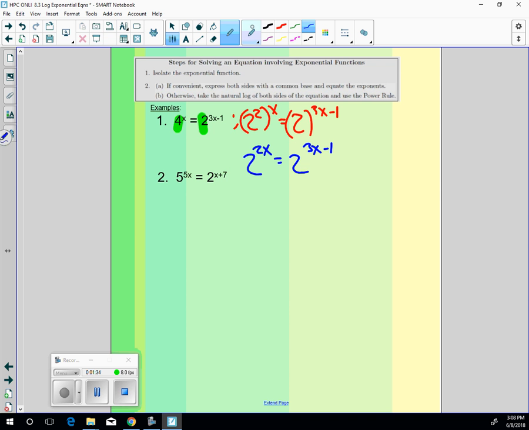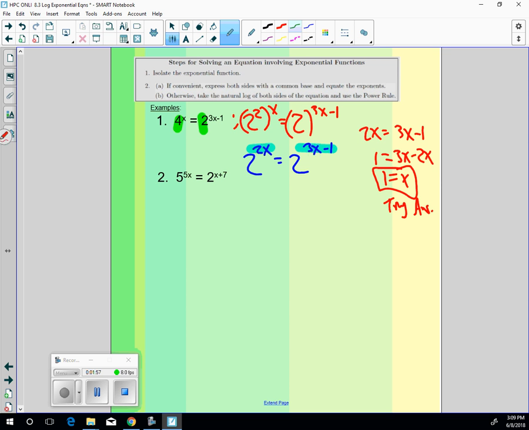And in order for these to be the same, 2x has to be equal to 3x minus 1, because the bases are the same. And so we'll have 1 equals 3x minus 2x. So x is 1.